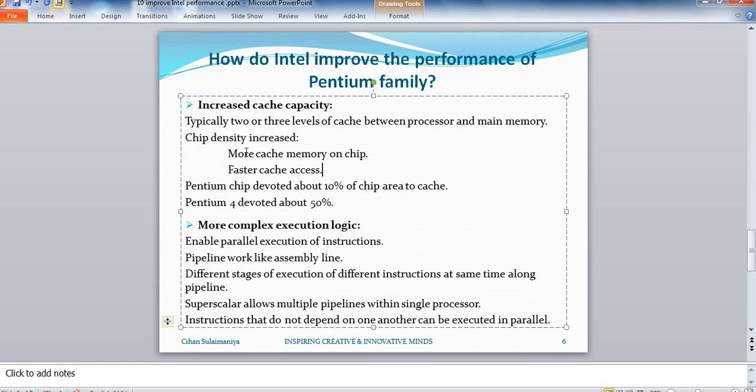So increasing the memory is not only that, it will get fast cache access as well. The old Pentium chip developed the cache memory by 10%. The Pentium 4 developed about 50%.